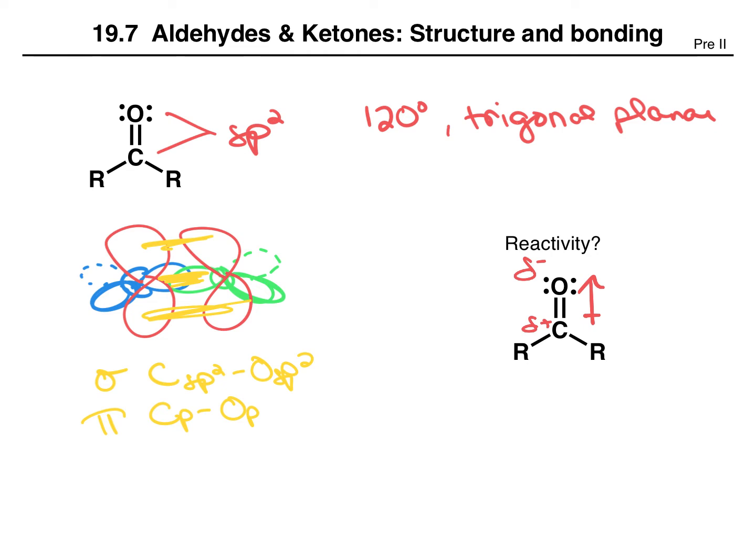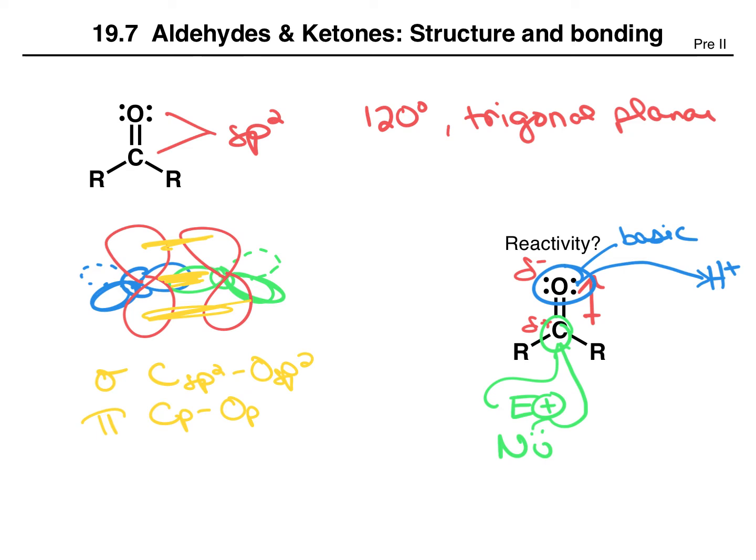So in terms of reactivity, the carbon is an electrophile. So a nucleophile will want to react with it and share its electrons. The oxygen is basic. It can share electrons with something that's very acidic, for example.